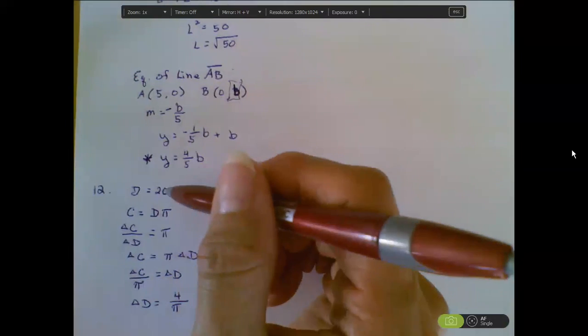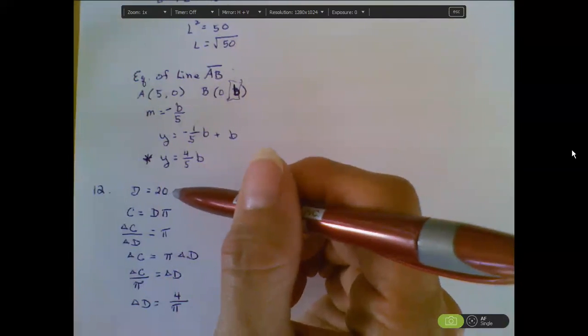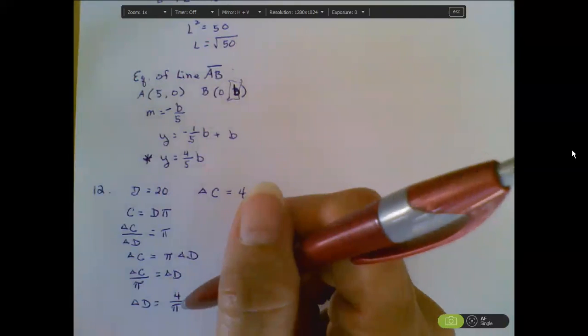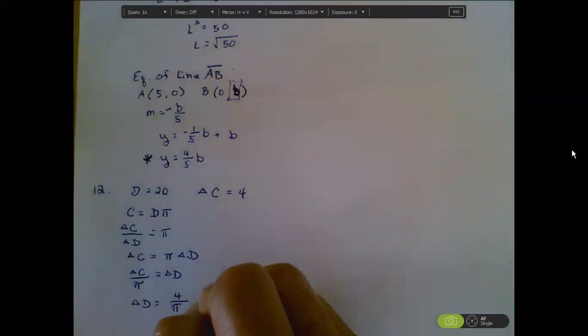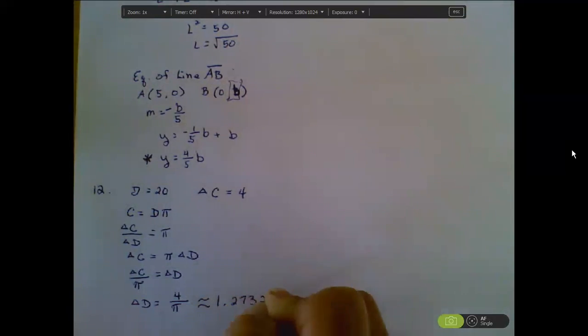It really doesn't matter what the diameter was to start with as far as the A part goes. The change in diameter only depends on the change in circumference. It doesn't depend on what the diameter was to begin with. So the change in diameter, 4 divided by pi, looks like in the screenshot you sent me that was 1.2732.